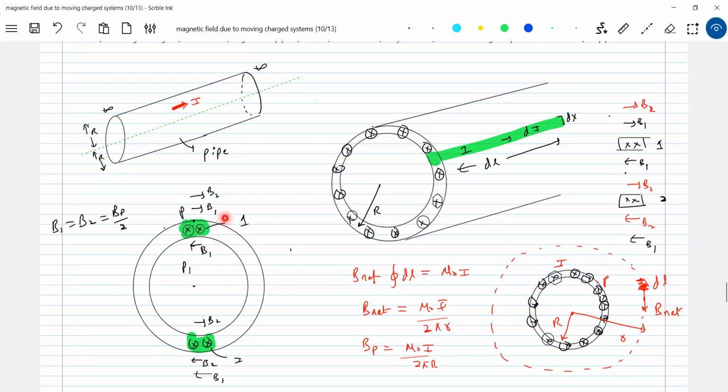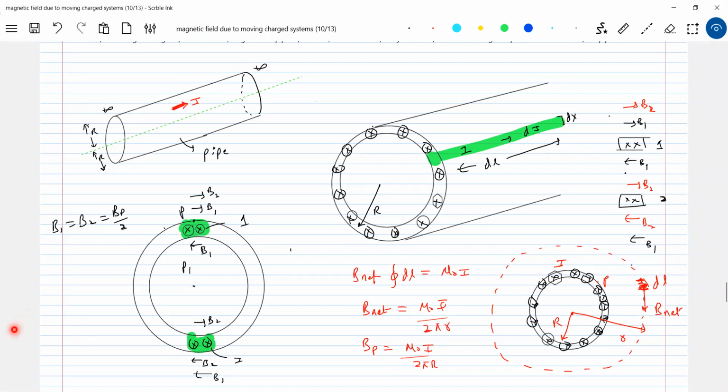The charge present on the negative plate will experience force due to the field produced by the positive plate. The similar idea is what you have to bring. That force I'll calculate, and force per unit area will become magnetic pressure. So how to calculate that value? That value of B1, B2 is what I brought here.